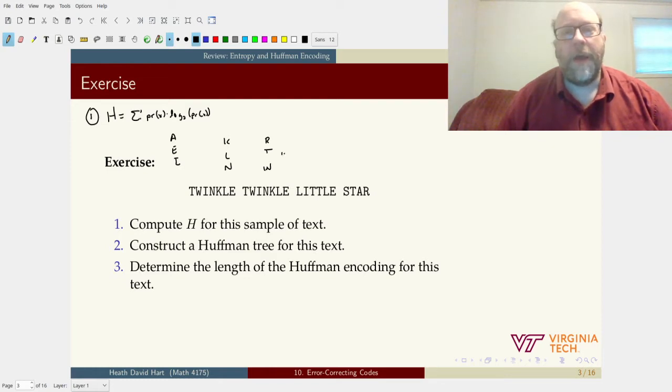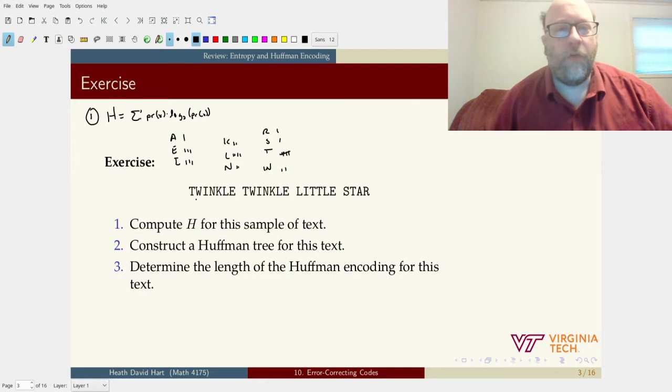Twinkle, I'm going to list it twice because the word twinkle shows up twice: T, W, I, N, K, L, E. And then the word little, L, I, T, T, L, E. And then finally the word star, S, T, A, R. There are a total of 7 plus 7 is 14, 14 plus 6 is 20, 24 letters total.